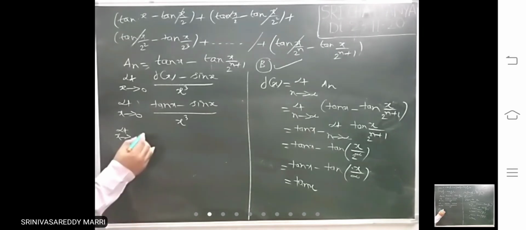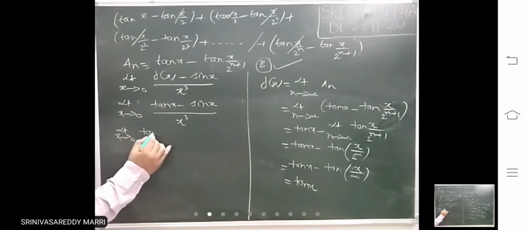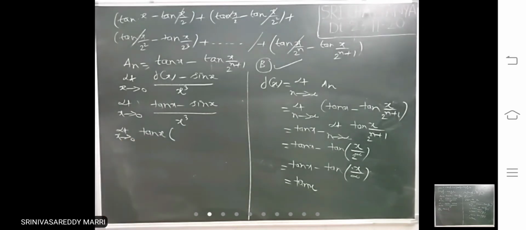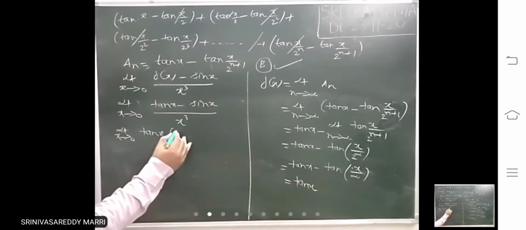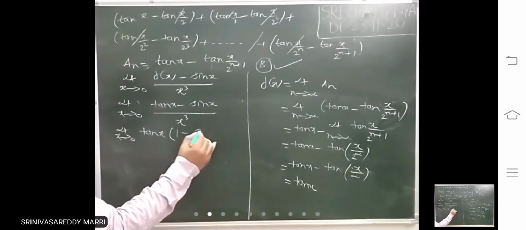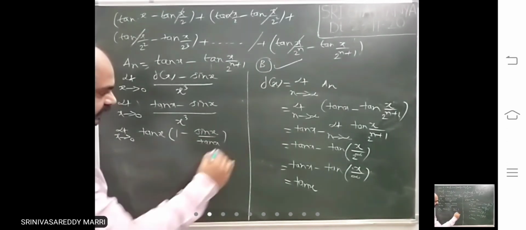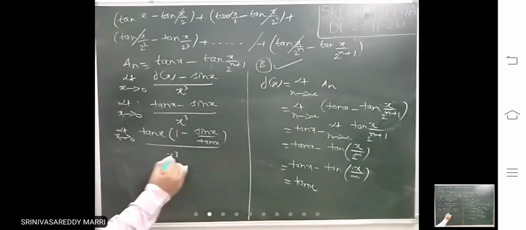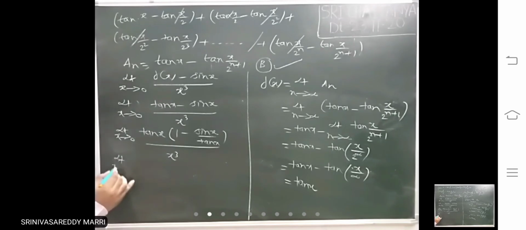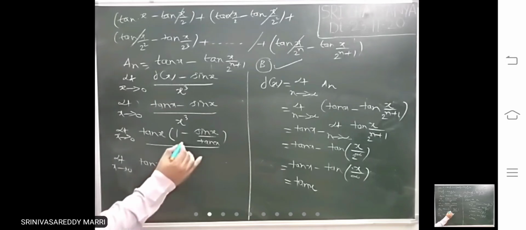From these two, I am taking common tan x. What you will get is 1 minus sin x divided by tan x, divided by x cube. Therefore, limit x tends to 0, tan x into this.